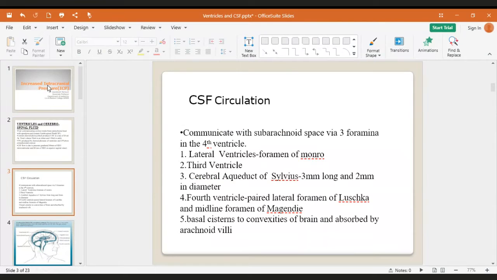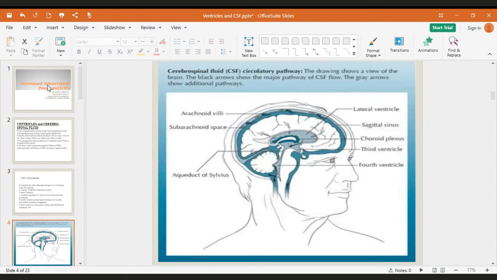From the fourth ventricle, the CSF flows through the lateral foramen of Luschka and the midline foramen of Magendie into the basal cistern, and from the basal cistern to the cisternal system, CSF flows toward the convexity of the brain and is absorbed by arachnoid villi in the subarachnoid spaces and in all the sinuses.